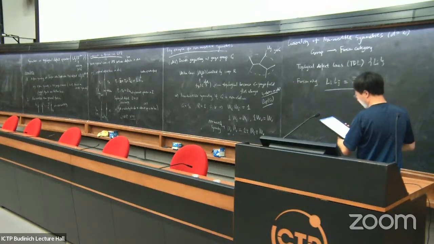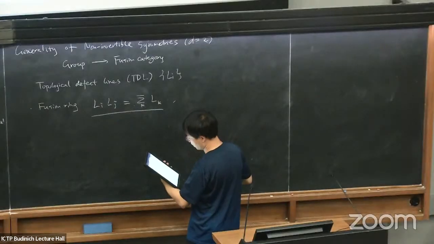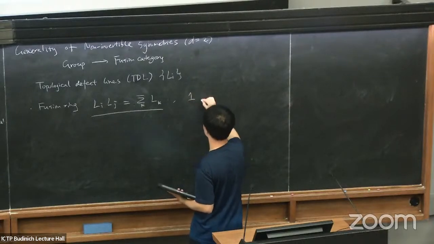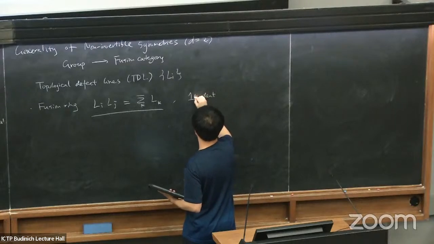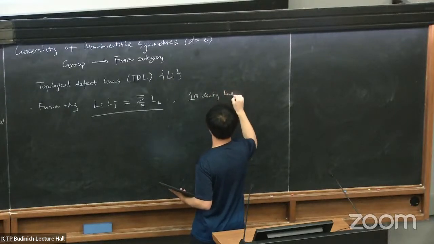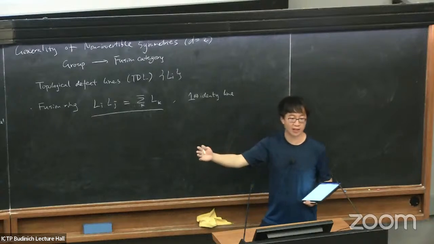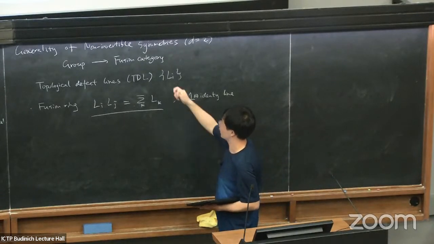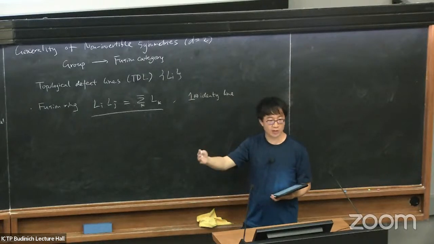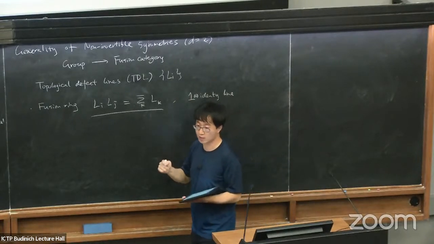In particular, among this set is a distinguished element, which we'll call 1, that corresponds to the identity line, or the case where there's no insertion at all. You're free to fuse this with any of the lines over here, and it will return the line that you started with.